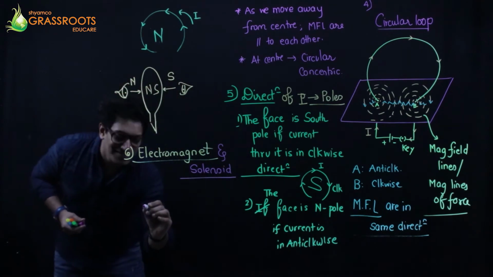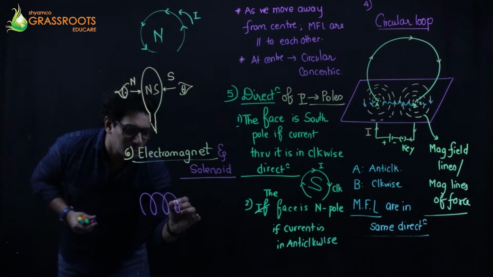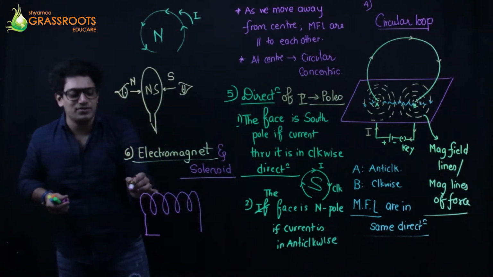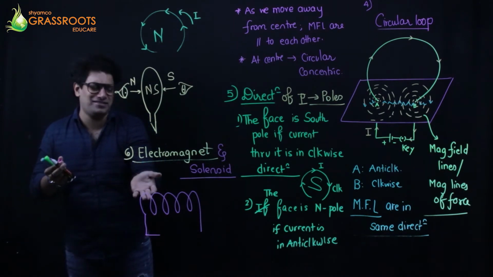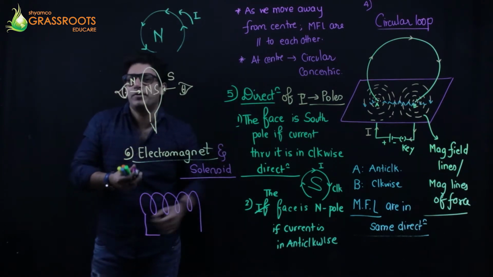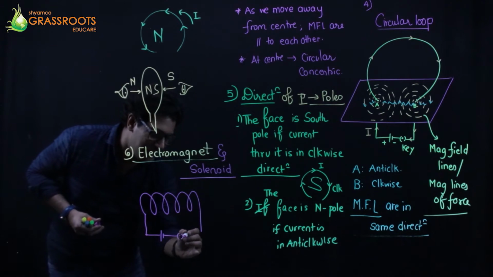A solenoid is nothing but wires which are wound. These are wires, they are conductors. You can take a simple copper wire and give it turnings, turnings of copper wire we say, and it is connected to a cell or a battery and a key.